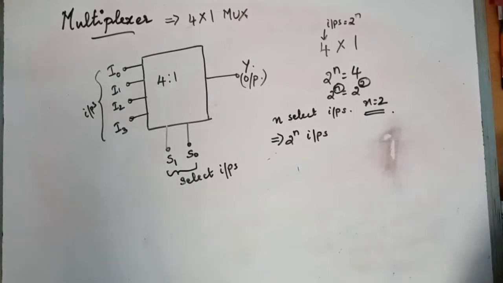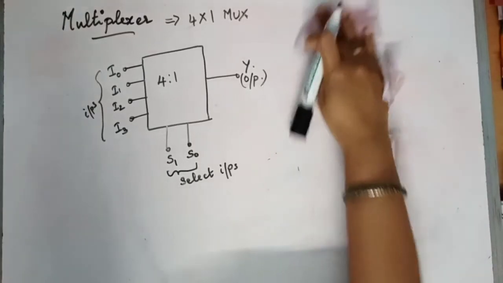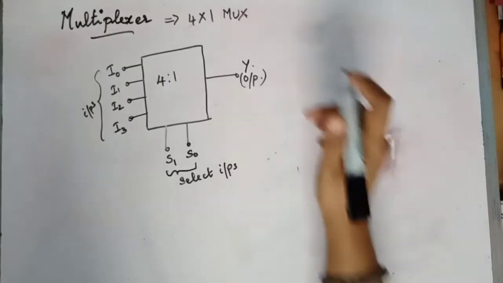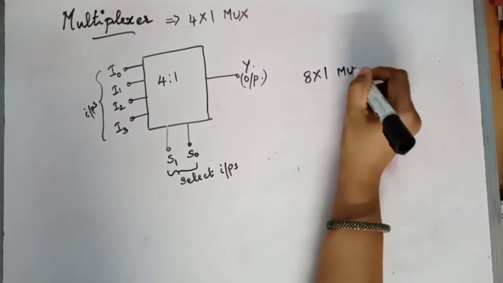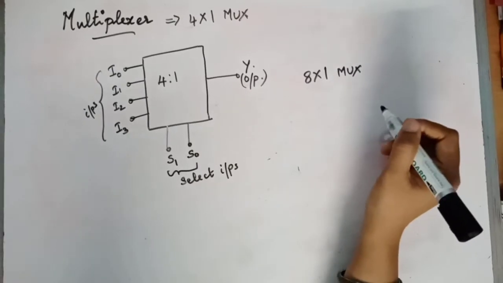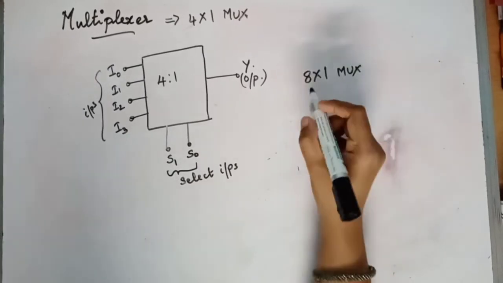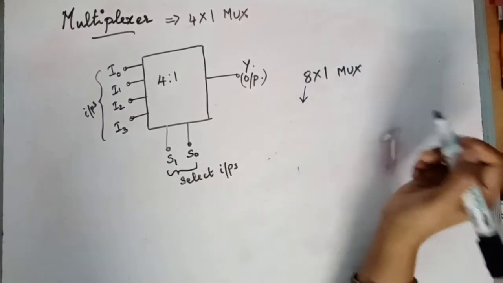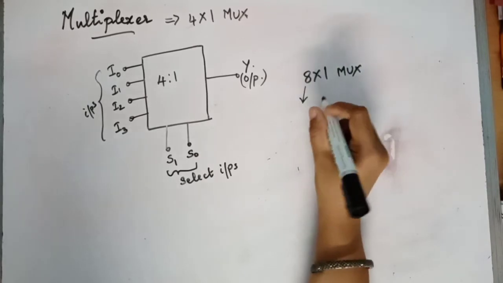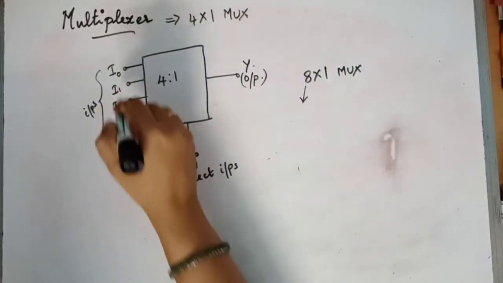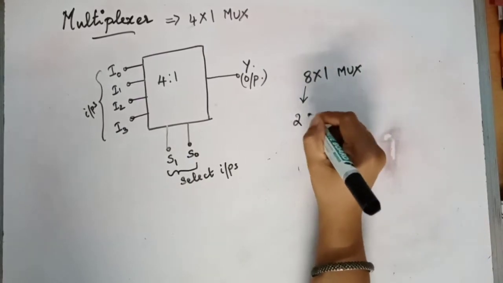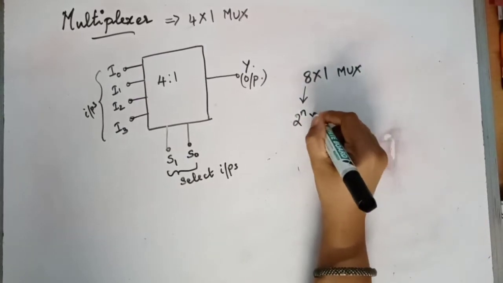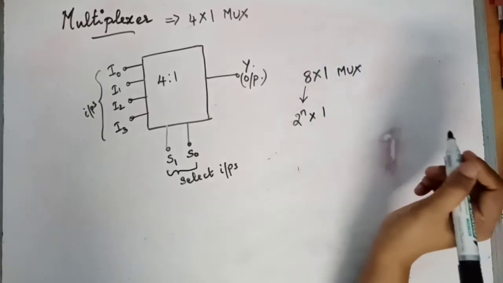Okay. So suppose you have an 8 by 1 mux. If you have an 8 by 1 mux, then 8 is the number of inputs. 8 by 1 mux means 8 inputs, 1 output. So 8 can be represented as 2 raised to n. This is 2 raised to n by 1.